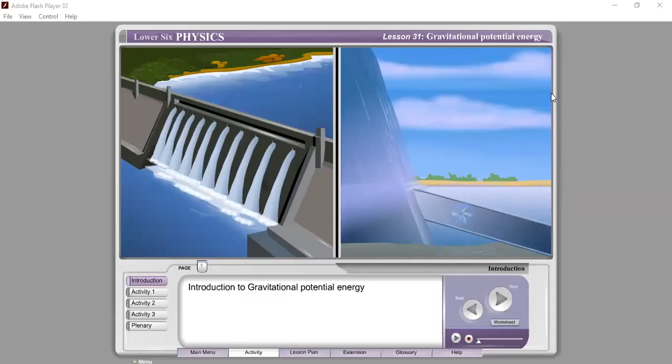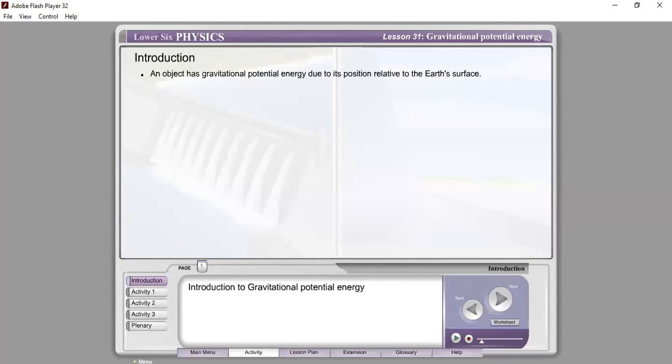Okay, today we'll go through the lesson for gravitational potential energy. Introduction to gravitational potential energy. An object has gravitational potential energy due to its position relative to the Earth's surface.